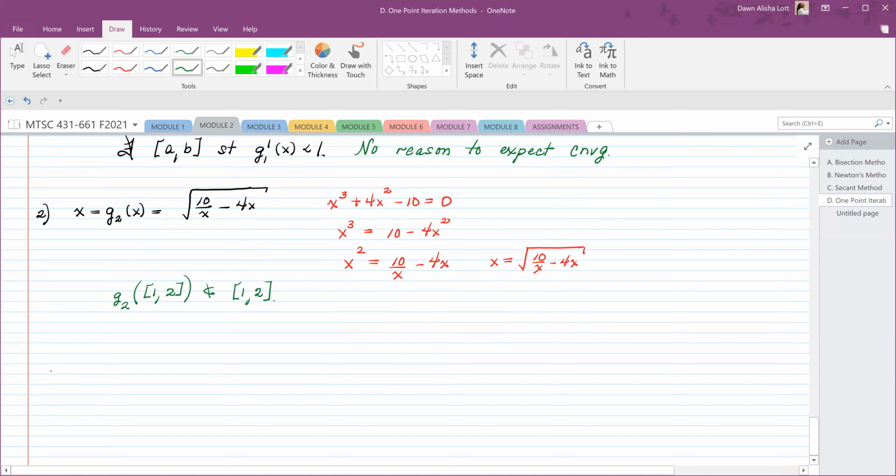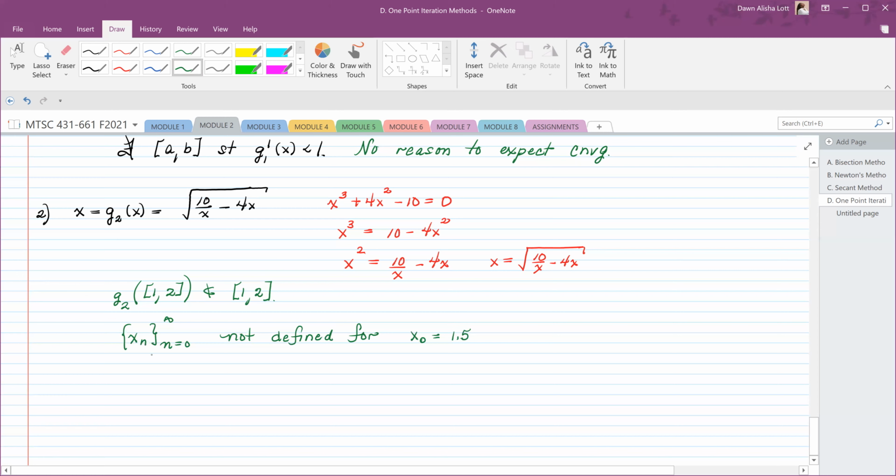Then the second problem is that Xn, this sequence, n equals 0 to infinity, is not defined for X naught equal to 1.5.